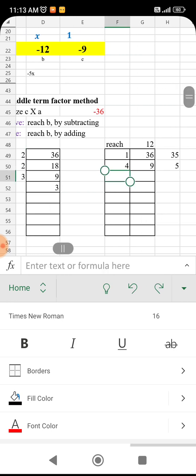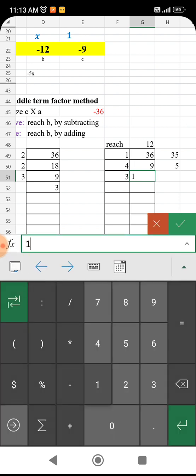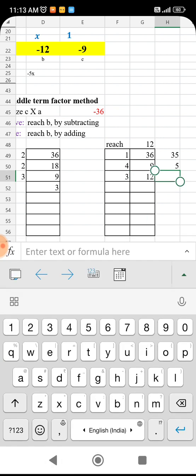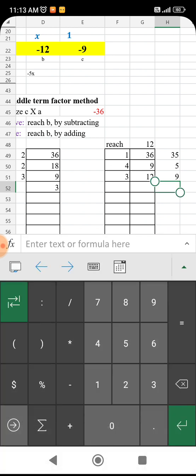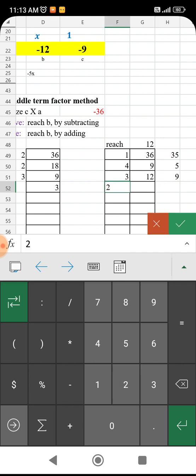So it is 3 and 12. 12 minus 3 is 9. Now see, we have to reach 12, so still it is not reached. So we have to try for 2 also. If we try 2, then it will be 18.